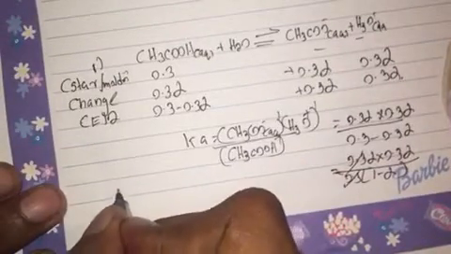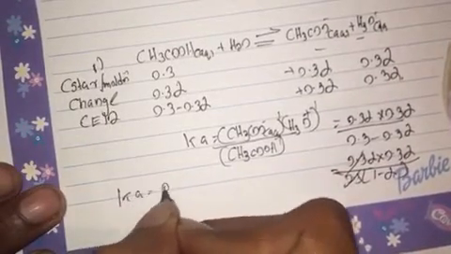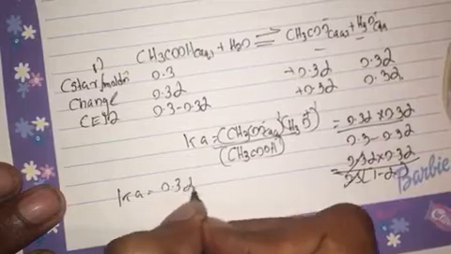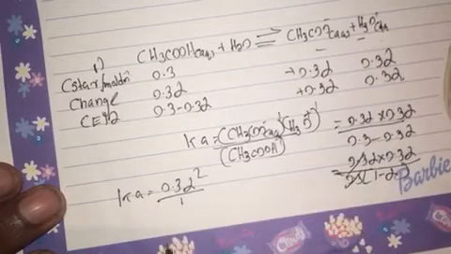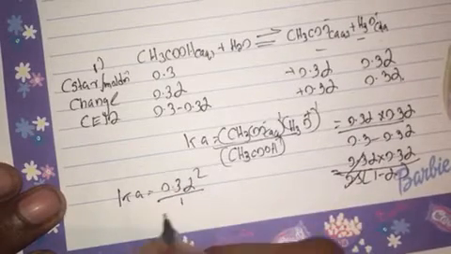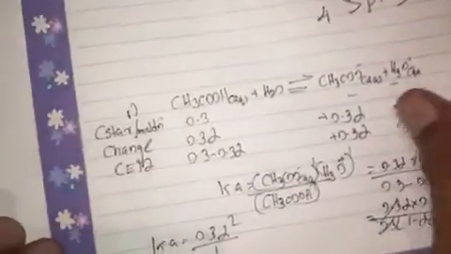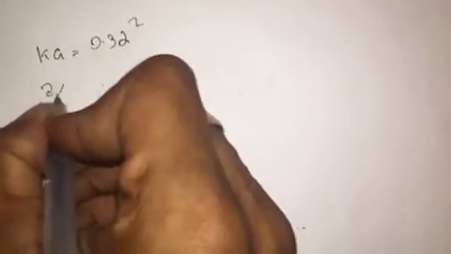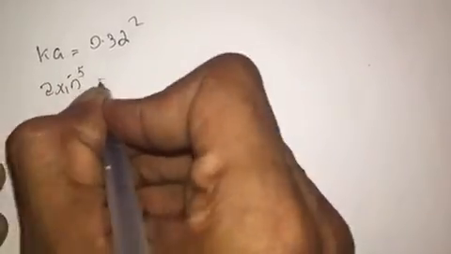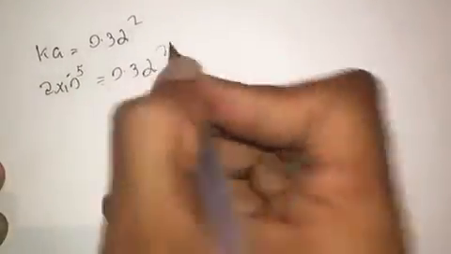Now Ka equal 0.3 alpha square over 1. We know Ka is 2 into 10 to the power minus 5, equal 0.3 alpha square.